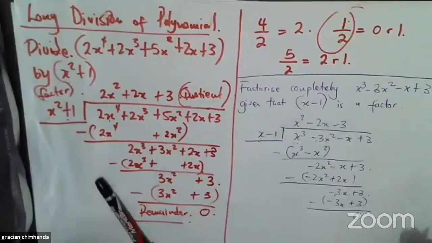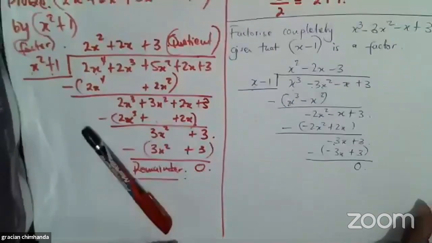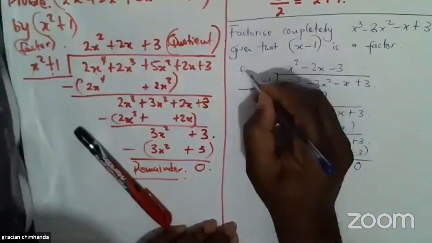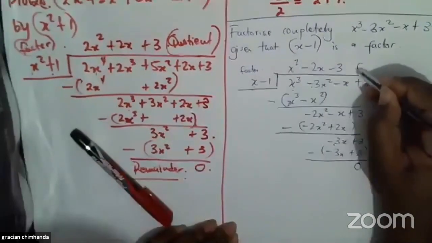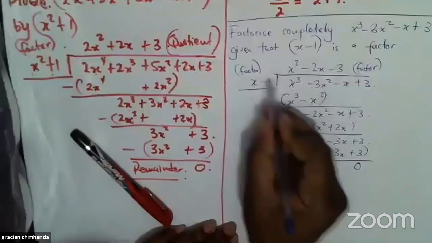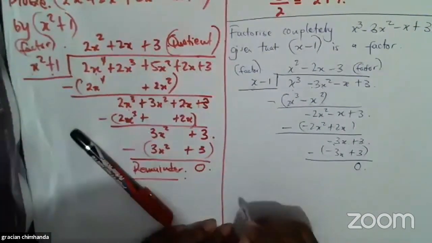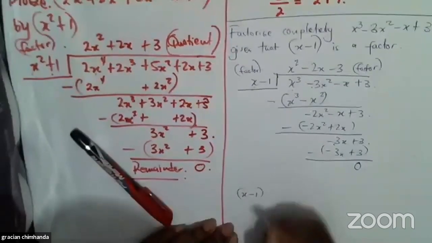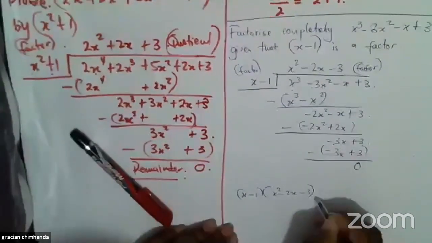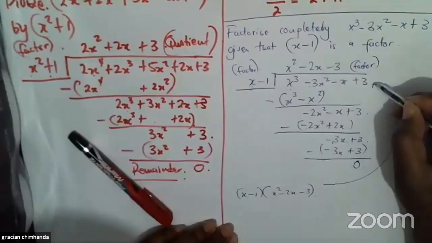So if you check now, if this is a factor, this is also a factor. We're saying it is a factor of this long polynomial. So I can now say x minus 1 is a factor of x squared minus 2x minus 3, which will give me the original polynomial if I expand it.